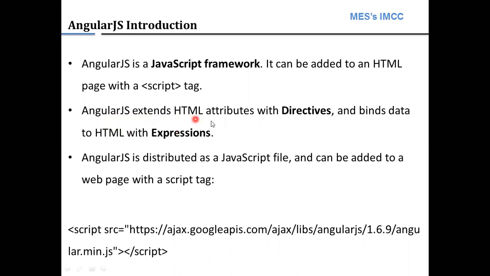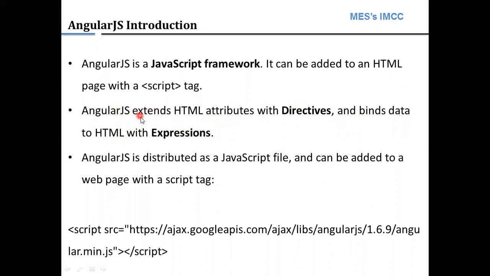AngularJS extends HTML attributes with directives and binds the data to HTML with expressions. In AngularJS, we use the MVC pattern, that is model view controller. There, you need to understand what directives are, what expressions are, and what the scope object is.